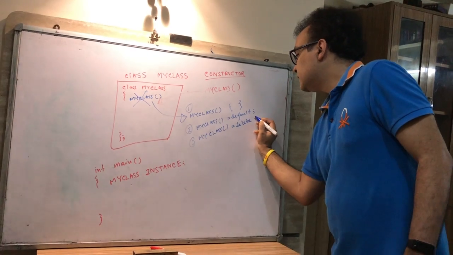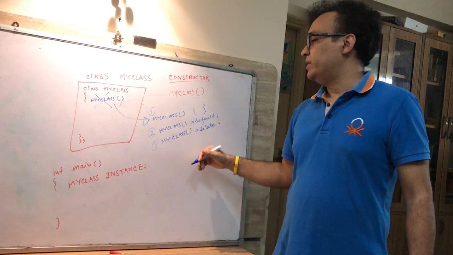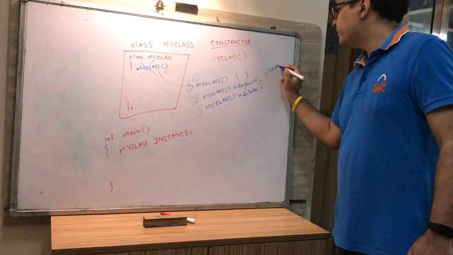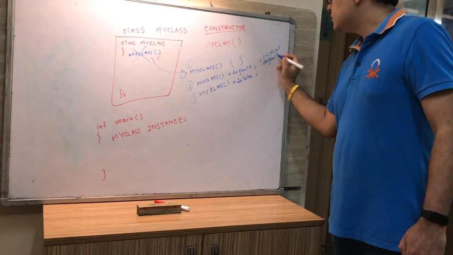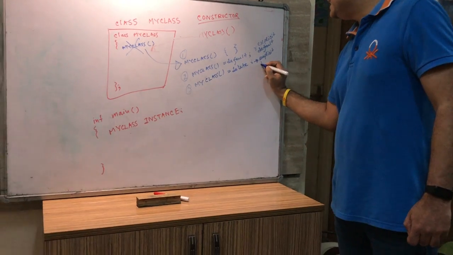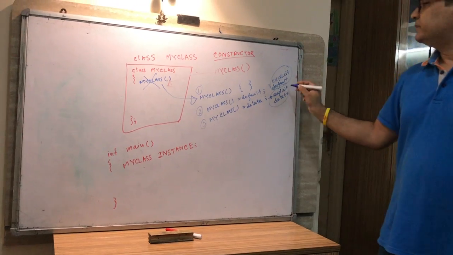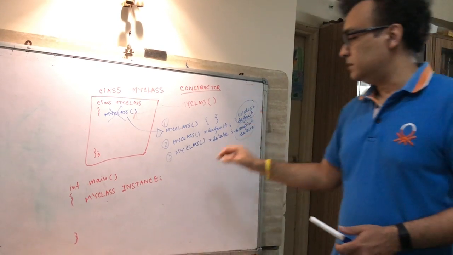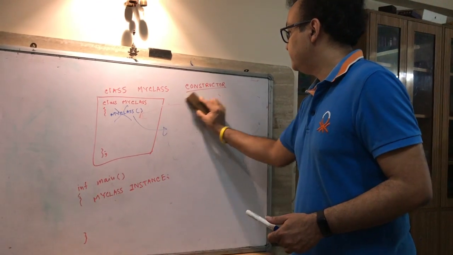That means neither do you write this constructor nor do you allow the compiler to write the constructor for you. So this is called explicit default, and this is called explicit delete. Again, these two terms are important, and we can remember them.